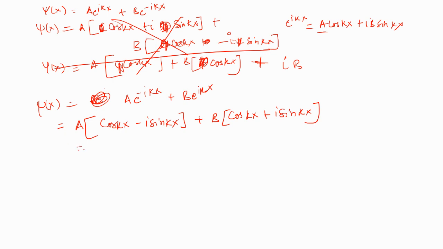So A plus B is equal to cos kx, right, and A minus B is equal to iota sin kx, right?